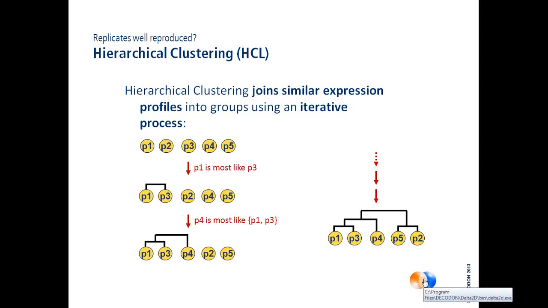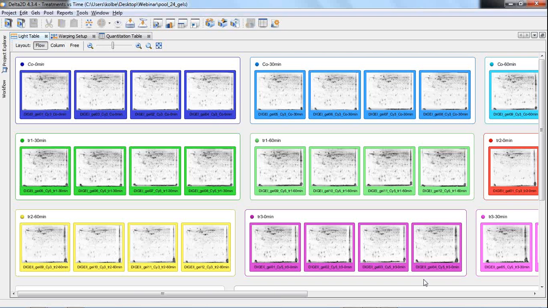Let me show this in Delta2D. Here we go. In the light table, which looks like the screen that I showed in my presentation, we see that we have 4 replicates for each combination. Here in the name of the group, we see this is the control group 0 minute factor combination, control 30 minute factor combination, and so on.